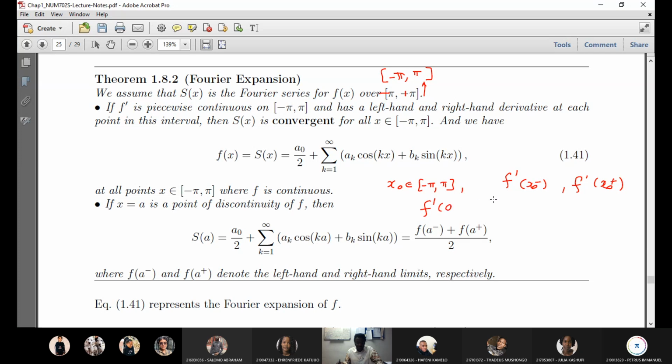So this means that the limit of f prime x, when x tends to x0 from the left, like this.